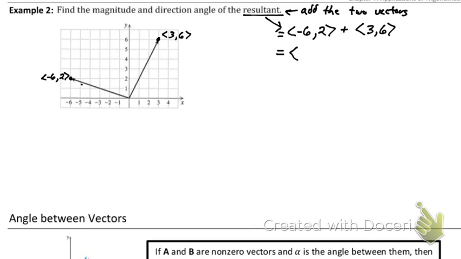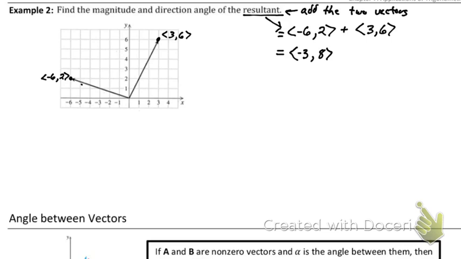Well, that's just going to be -6 plus 3, which will give me a -3. And then we'll have 2 plus 6, which is going to give me 8. My new vector is at the point -3, 8.